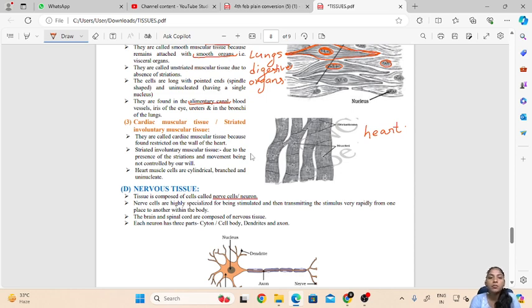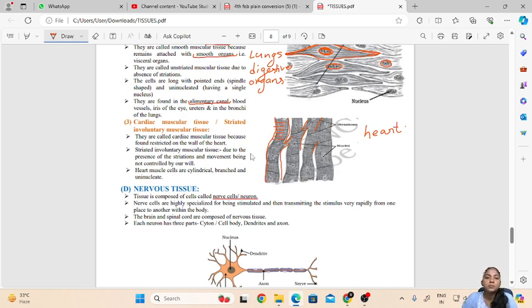So striated involuntary muscle tissue, as we can see in this diagram, is long, tubular and branched. As we can see here, they are branched to each other. So these cells are long, striated. There are striations present here, and they are branched.